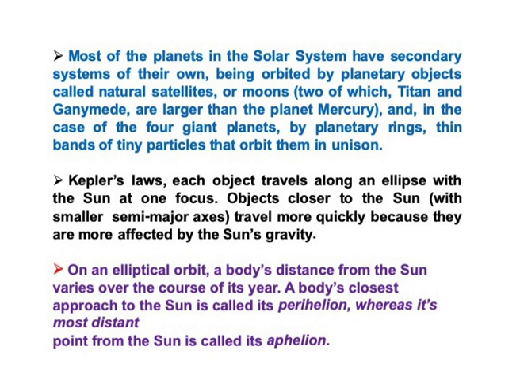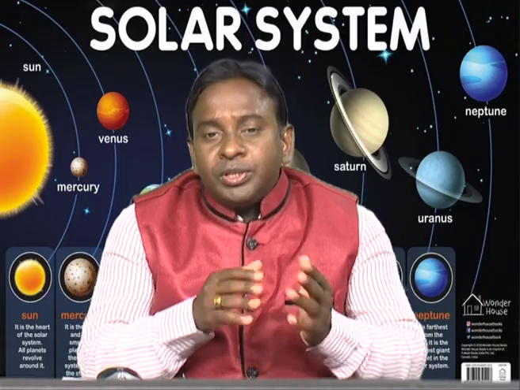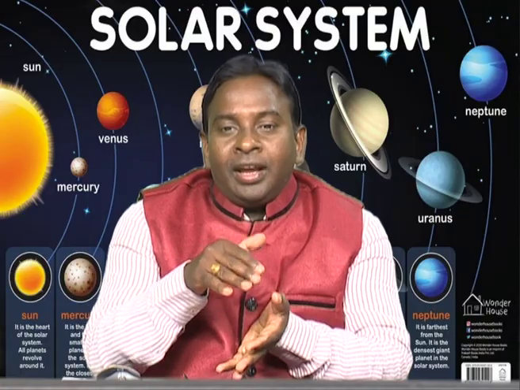As per Kepler's laws, Kepler was a famous scientist who described the movement of different objects. Each object travels along an ellipse with the sun at one focus.